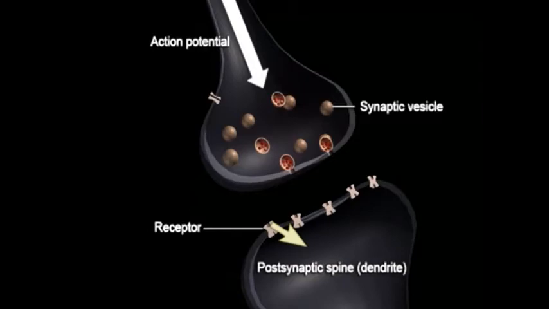So this is how information transfer between neurons occurs. In this lecture, what I'd like to do is elaborate a little bit on the chemical part of this equation.